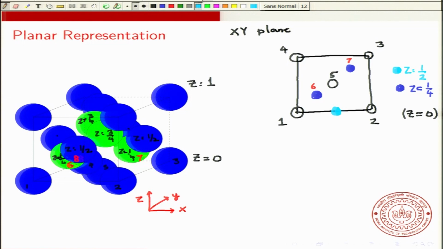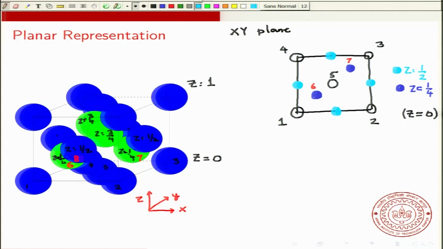Okay. Now is this the only atom at z equal to half? No, you have this atom also at z equal to half, and you have these 2 atoms also at z equal to half, and you can easily see that their coordinates are this, and this.